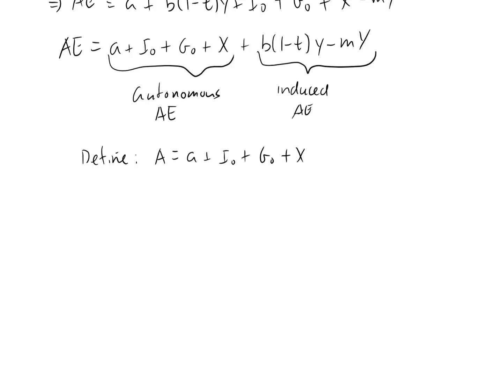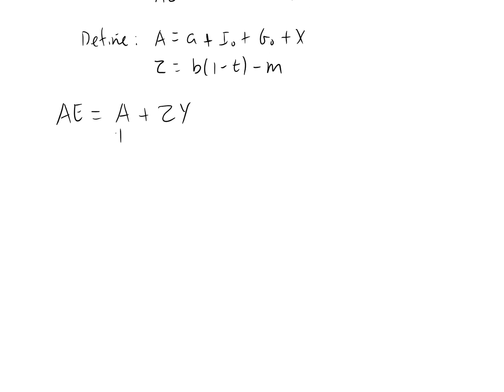All those terms, we put them together, add them up, and call them capital A. And then we're going to call z equal to b times (1 minus t) minus m. That's all the terms multiplied by y if we common factor it out. Then we can rewrite our AE function as A plus z times y.